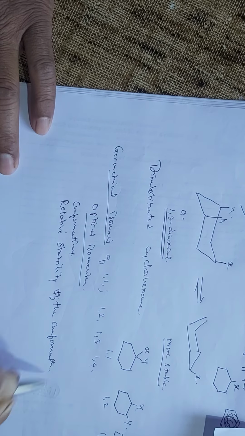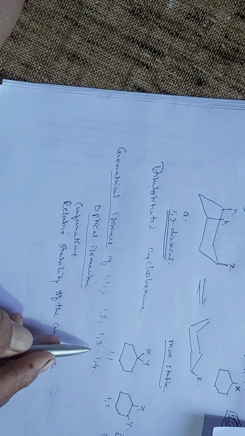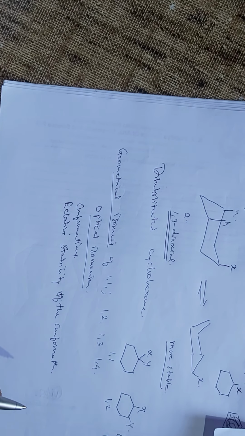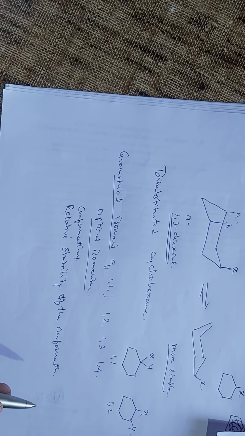And so in this topic we want to study the stereochemistry of disubstituted cyclohexane, that is 1,1, 1,2, 1,3 and 1,4 disubstituted cyclohexanes. And so how we can draw the different conformations for this molecule, what will be the positions of the relative groups, and how we can determine the stability of these compounds, which is more stable, which is less stable, why it is more stable, why it is less stable. All these things we must be able to compare.